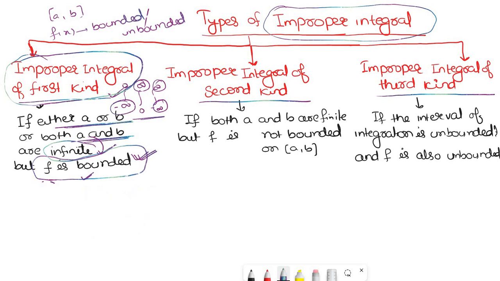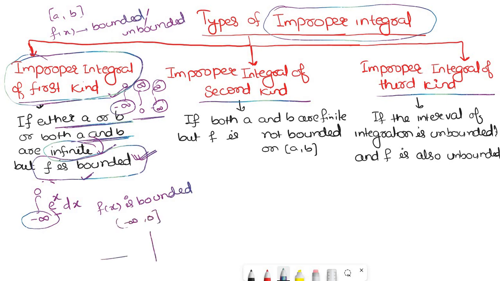Let's see one more example for improper integral of first kind. Let's consider the integral from minus infinity to 0 of e to the power x dx. We can see that one of the integration limits is infinite, and f(x) is bounded in the interval of minus infinity to 0.